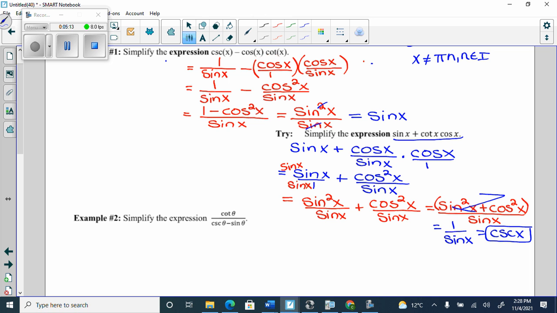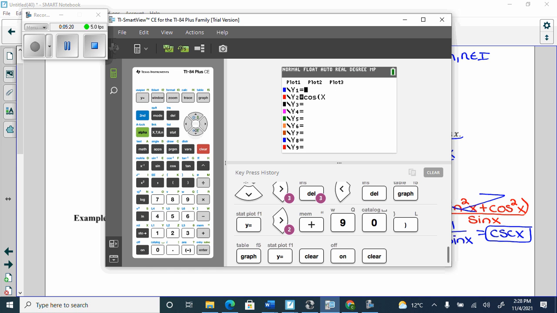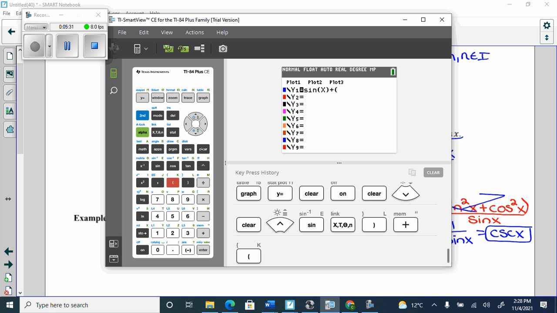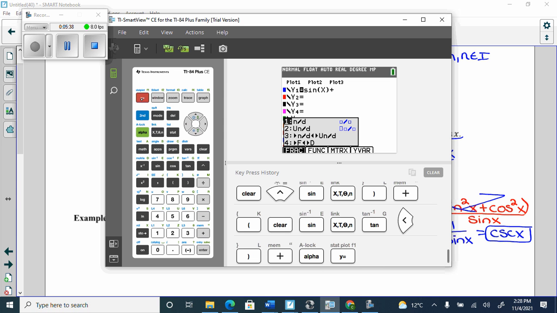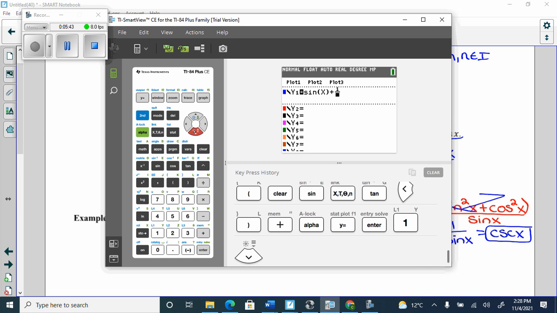So if I'm going to type it into my calculator, it was sine x plus, and then alpha y equals enter is what I'm going to use. 1 over tan x, arrow up.